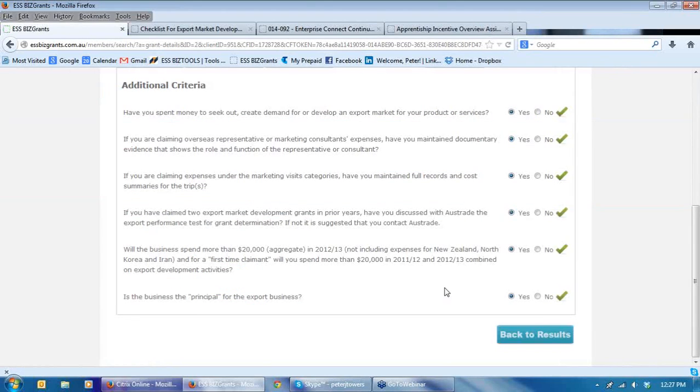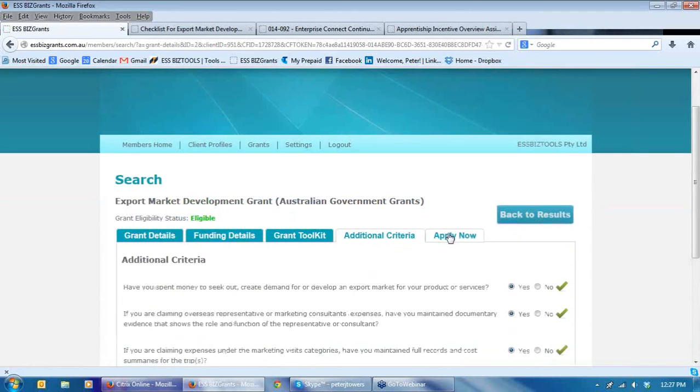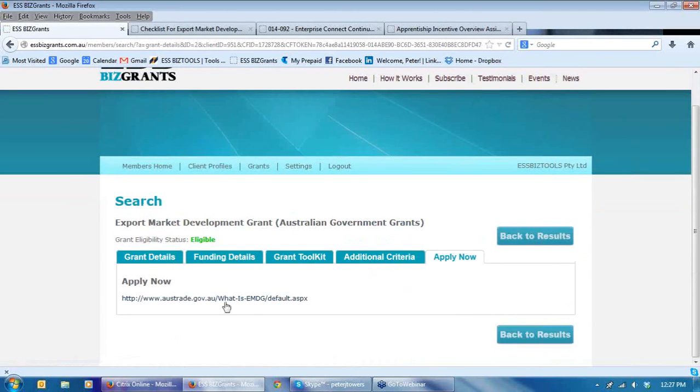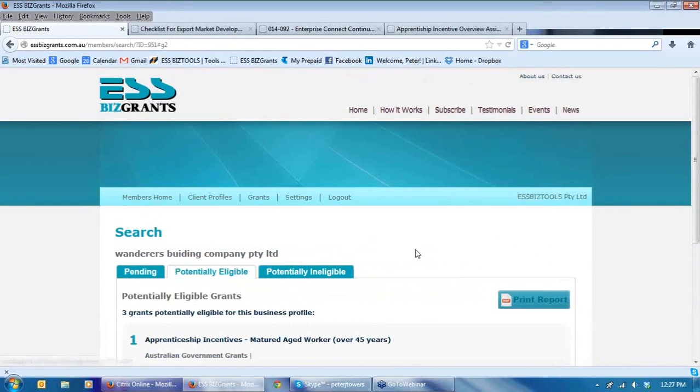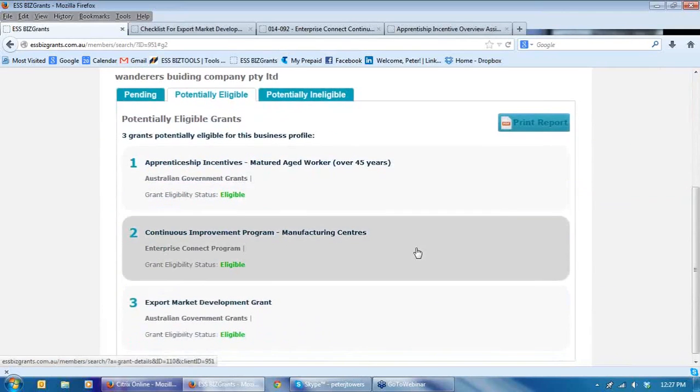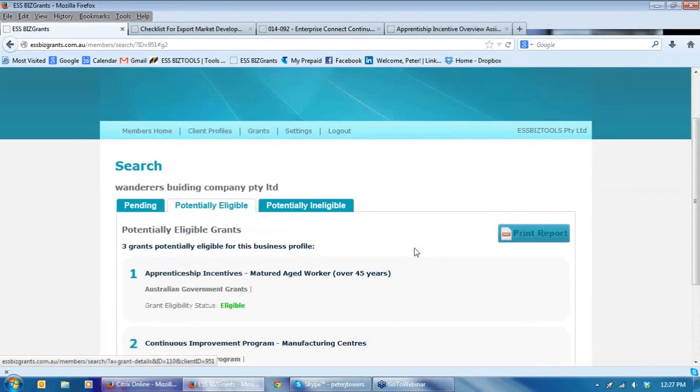The system will now tell us that we are potentially eligible, and we could apply now, which would take us to Austrade's website, or we could go back to results. And if we look at potentially eligible, we've now got those 3 grants. Now that's basically how the system works.